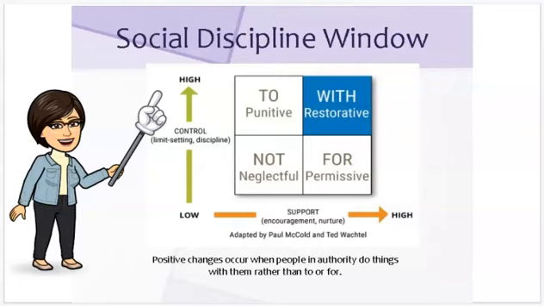If you have way too high control and it's real rigid with discipline, and it's all about "I do this, consequences," it is punitive. And if you have really low control, it is neglectful. That means you're just letting things go.